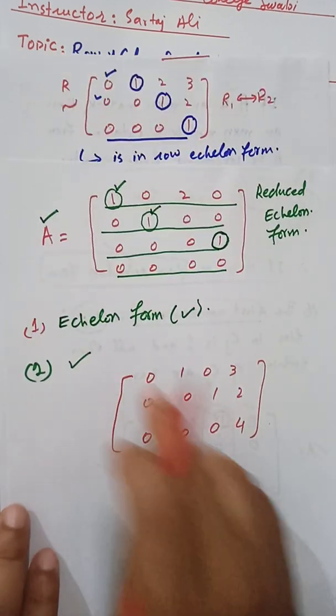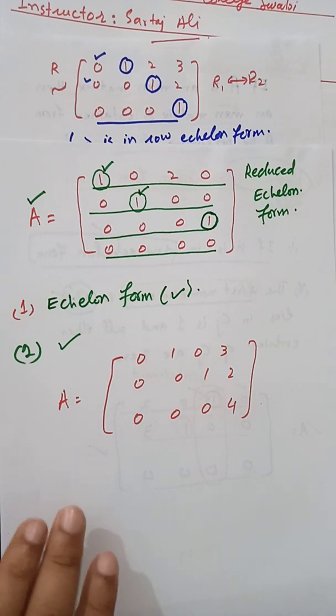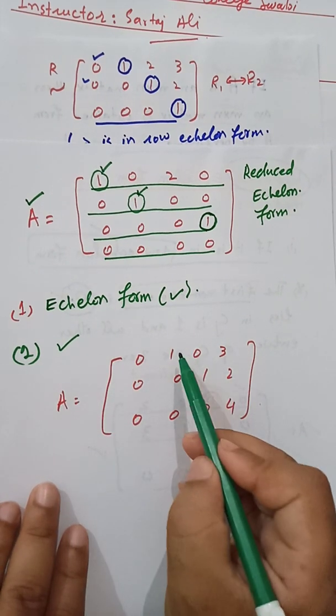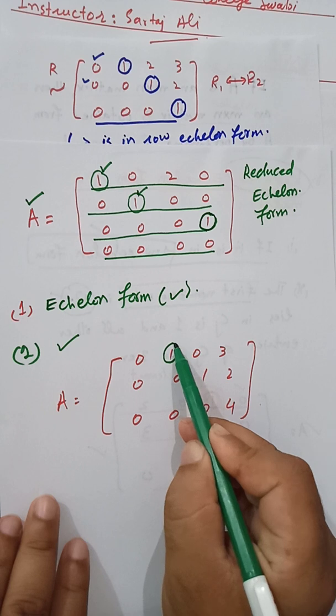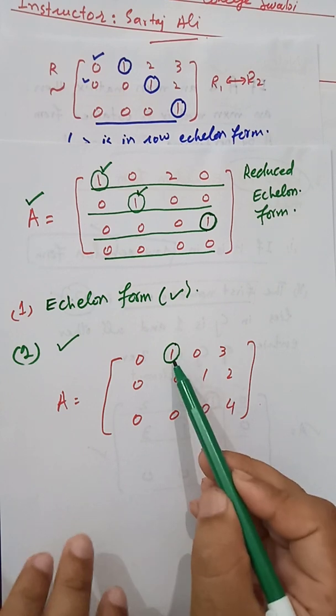First of all, I will check whether this is in the echelon form or not. So this is the first non-zero row. In the first non-zero row, this is the first non-zero entry. This first non-zero entry in the echelon form may be any number, but in the reduced echelon form that must be 1. But in the echelon form that may be any number. So this is your first non-zero entry.